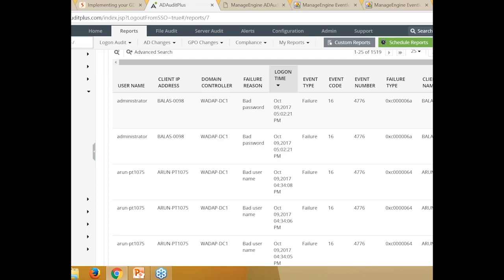So that's one thing. Now the next thing, since we're still talking about Active Directory, is that in your Active Directory, you're going to have different groups, and these different groups come with different privileges. Now, if by chance someone who's not supposed to have access to a particular piece of data is moved to another group which has access to that particular piece of data, that is a major red flag for your security.